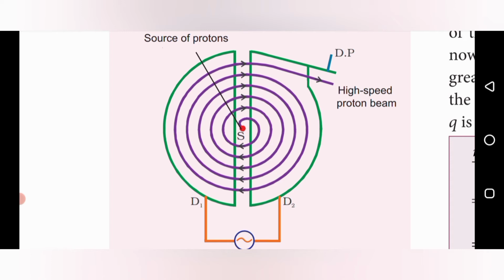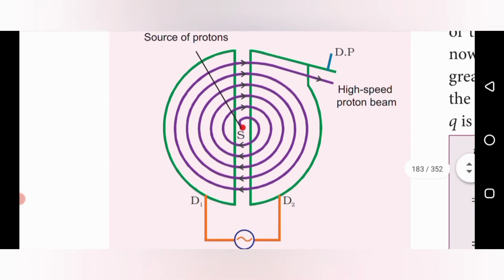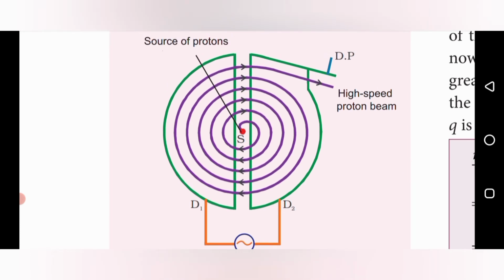When the ion is ejected, it is able to accelerate towards a D. The ion is a proton, a positively charged particle, so it is attracted to the negative potential at the time. The magnetic field is normal to the plane of the Ds. So the ion undergoes a circular path because it is attracted to the negative terminal.